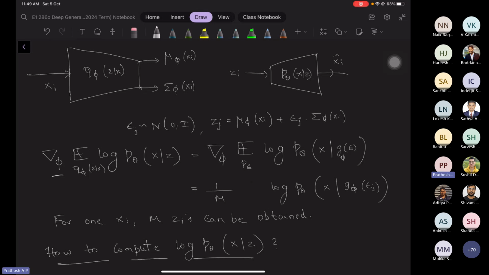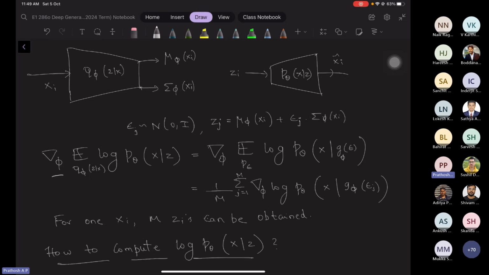Go on, Raghavendra. Can you just repeat why that m can be taken as just 1 here? See, you are approximating this expectation by a single sample estimate. That's all. It can be anything. People take it as one and also experiment. In your assignment, I'll ask you to experiment with different values of m. Generally, in the most naive implementation, you just take one sample of z for one sample of x.